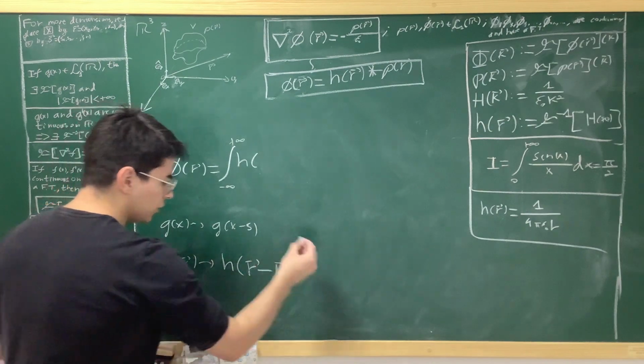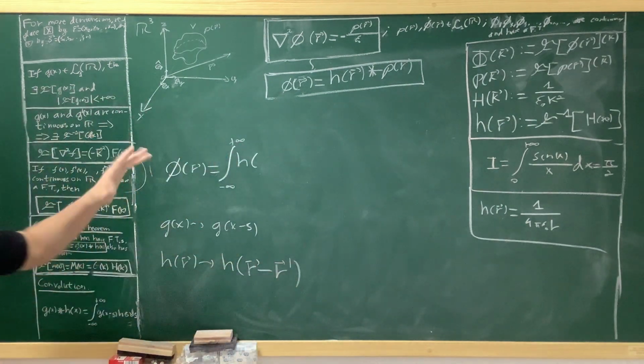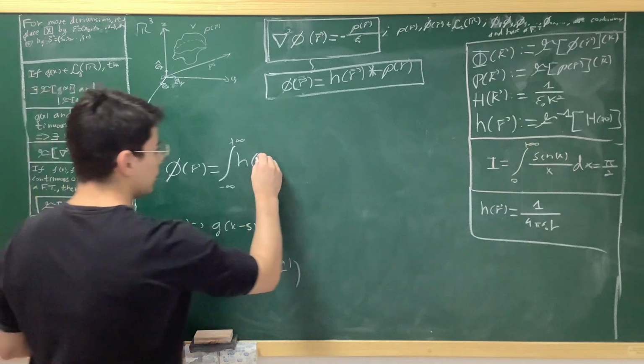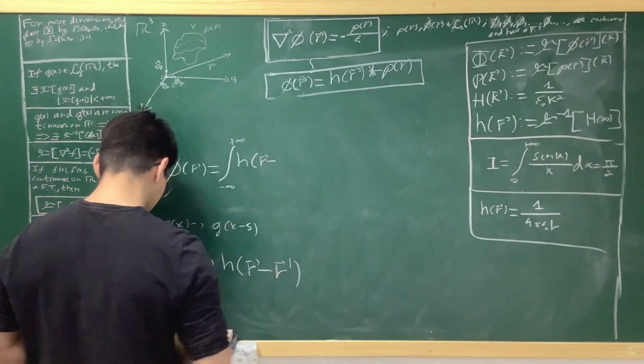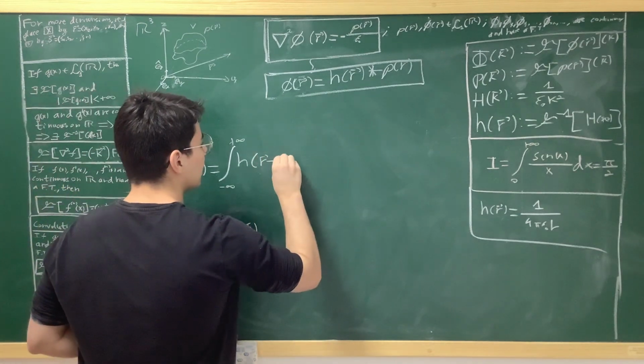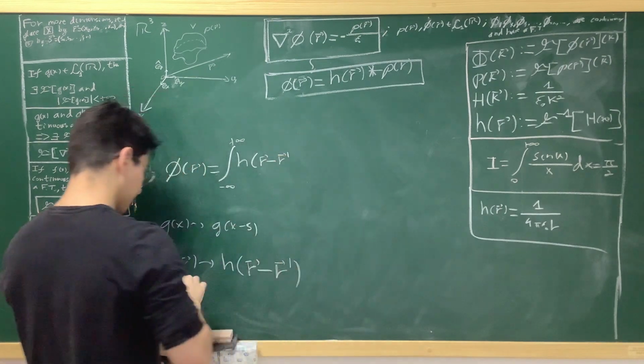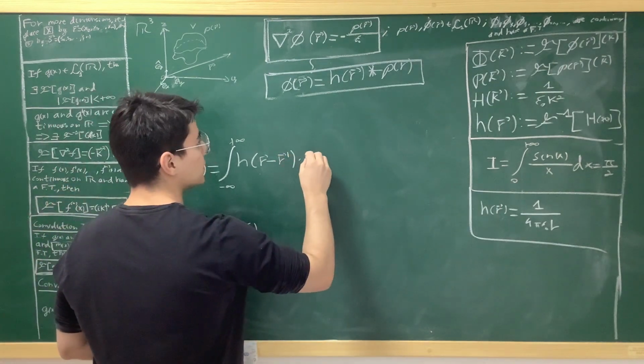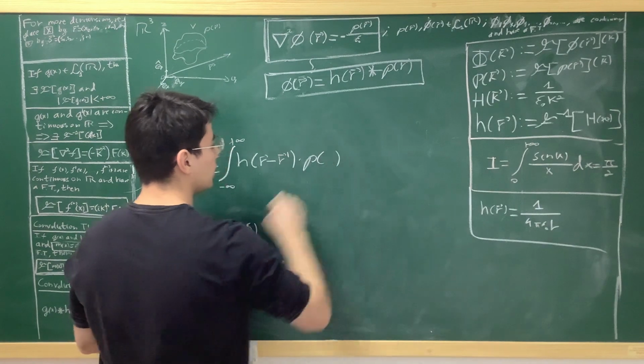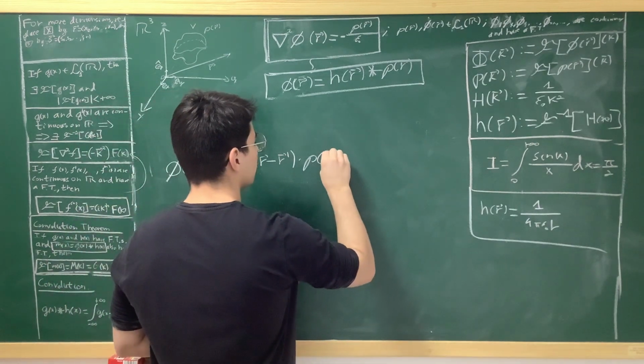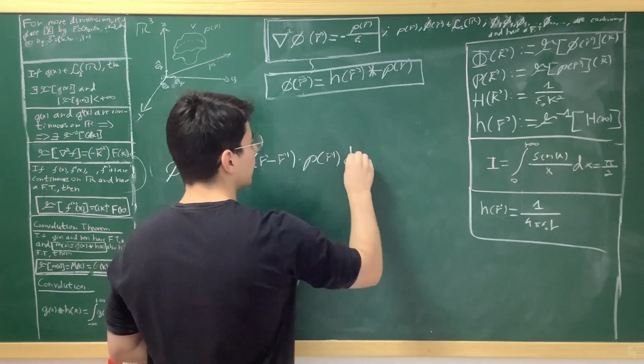Okay, this is not a derivative, this prime just means that it's another vector. So here we have r minus r prime times rho of r prime dr prime.